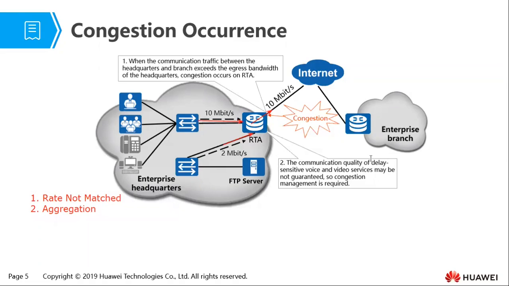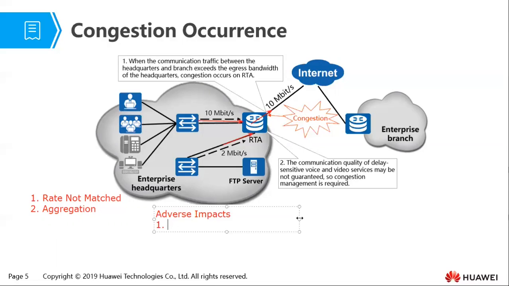The communication quality of delay-sensitive voice and video services may not be guaranteed. So for this purpose, we need to manage congestion. Congestion can also have other adverse impacts on your network.